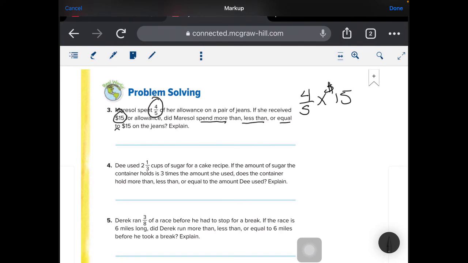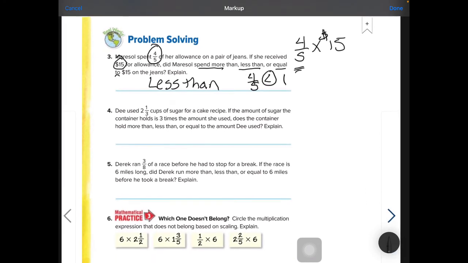Now, do we have to multiply? Because we know that that is less than 1. So the answer should be less than. And how can we explain? Well, 4/5 is less than 1.